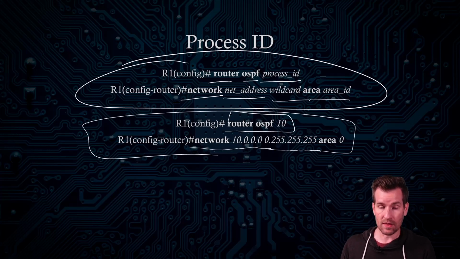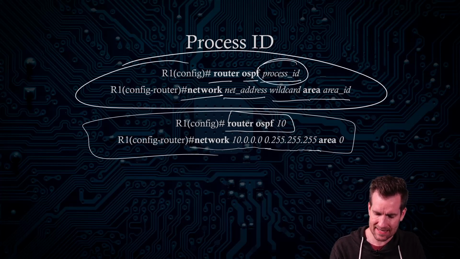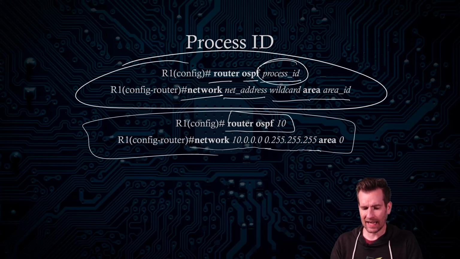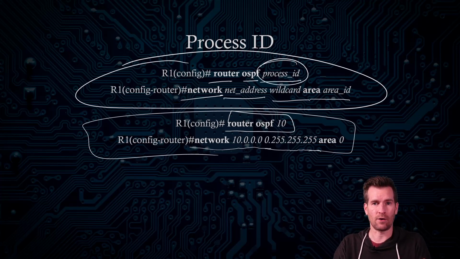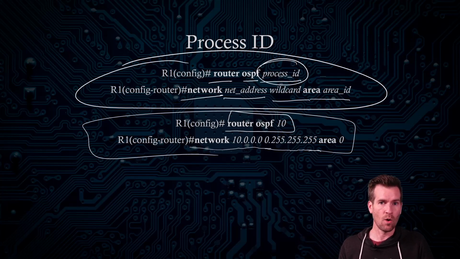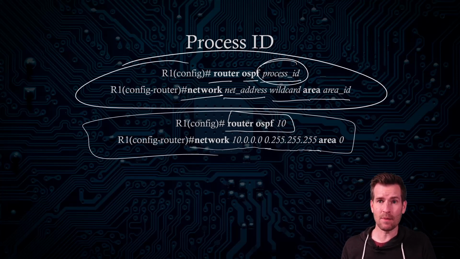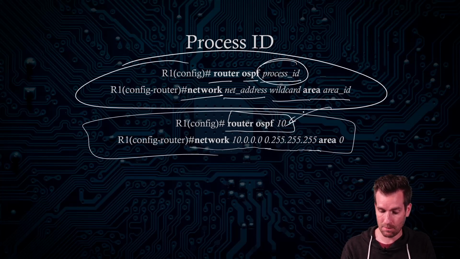The one thing we need to talk about first is this process ID. The process ID is specific to the router, and it really doesn't have much bearing on that router. It just separates out your different instances of OSPF. In this case, we're just going to have one instance, so I can come up with any number, and I just came up with 10.